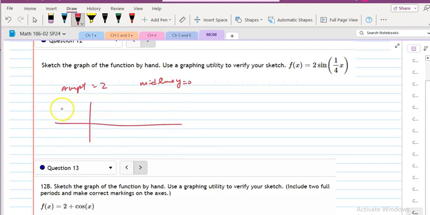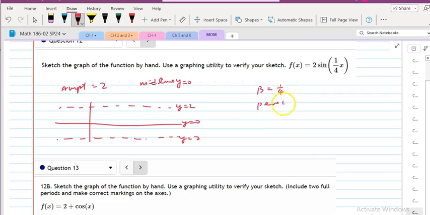I will graph y equals 0 in the middle, and 2 and negative 2 at the top and bottom: y equals 2, y equals 0, y equals negative 2. Then 1/4 is b.